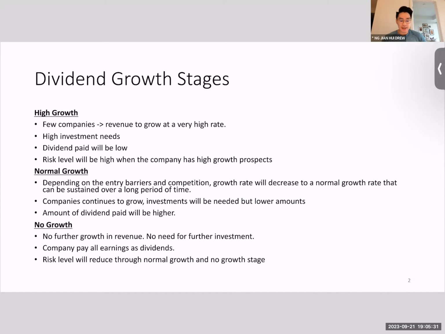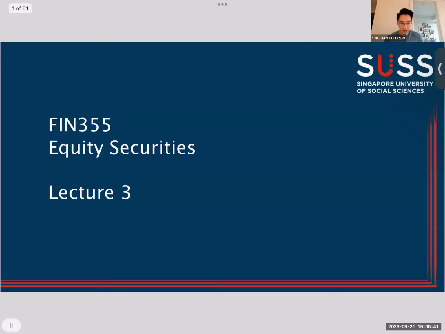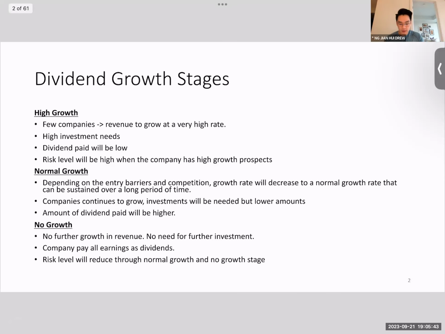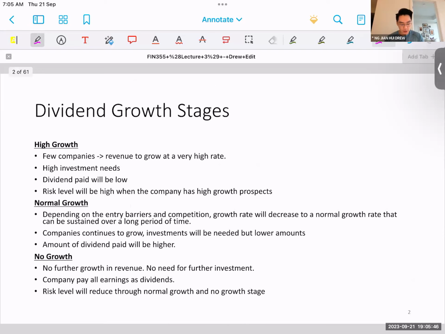To first understand, let's go back to the basics. There are various growth stages to dividends: high growth, normal growth, and no growth. They mimic the life cycle of a company. High growth is typically a startup.